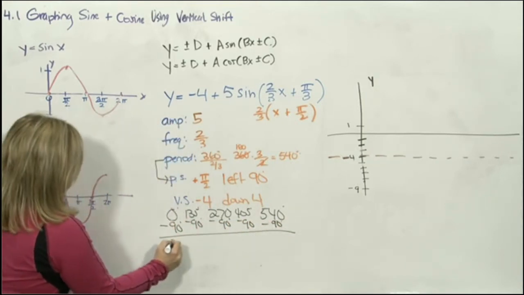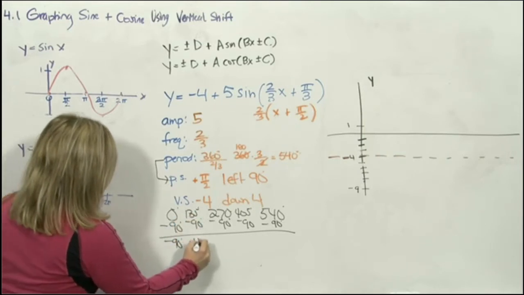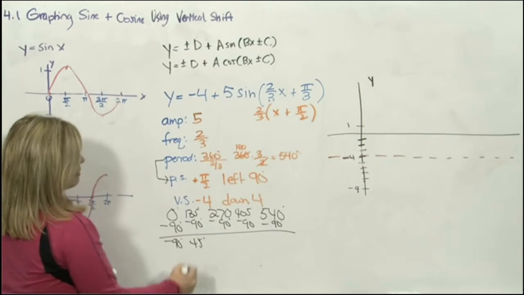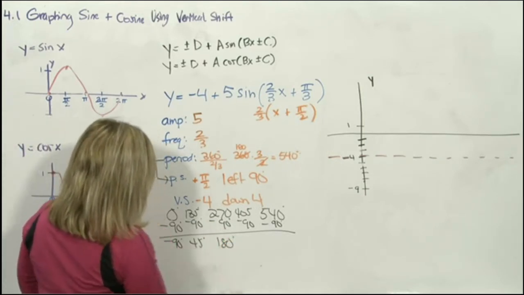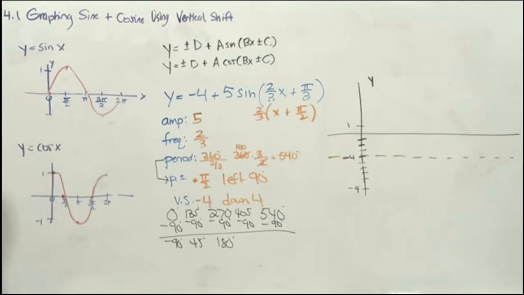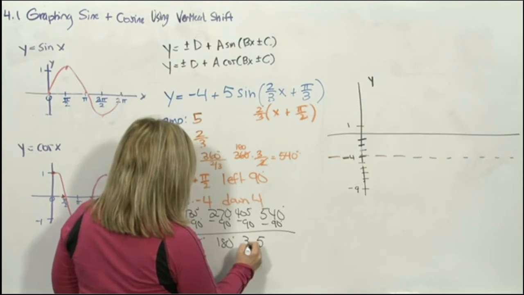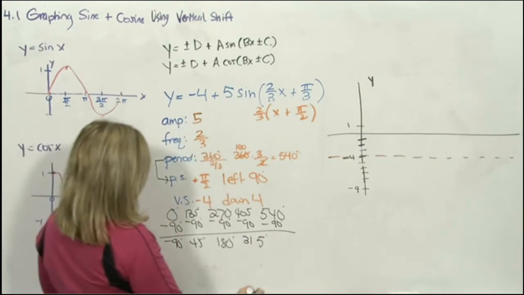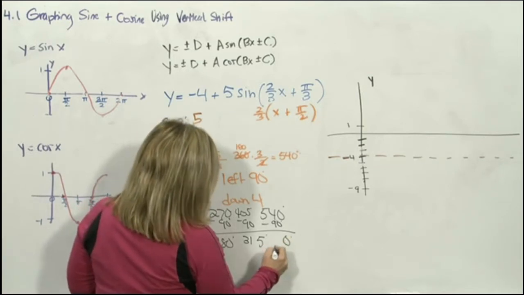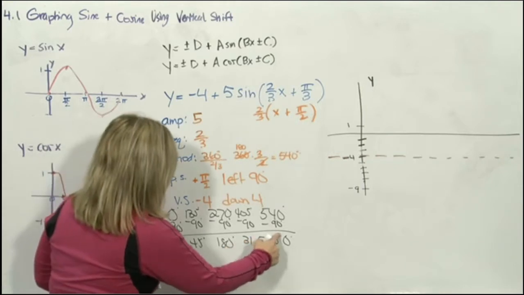So 0 minus 90 is -90. 135 minus 90 is 45. 270 minus 90 is 180. 405 minus 90 is 315. 540 minus 90 is 450. Everybody with me?